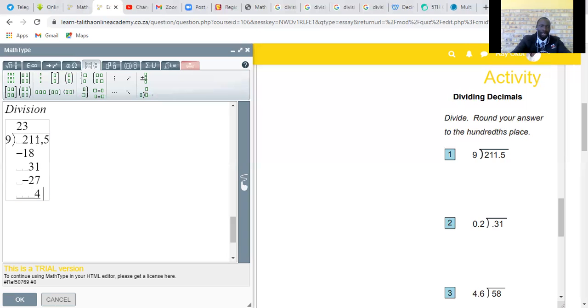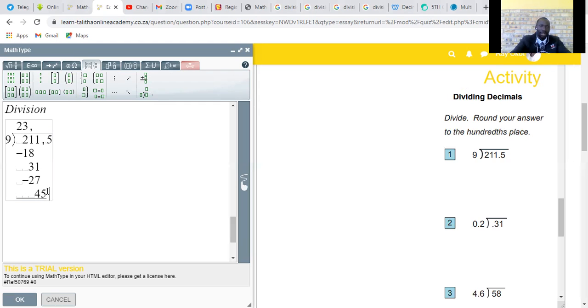Well, we are now remaining with this 5 here. So we put the decimal point up here, right away there. We transfer this to this side, and we bring the 5 down here, so that instead of having 4, we now have what?